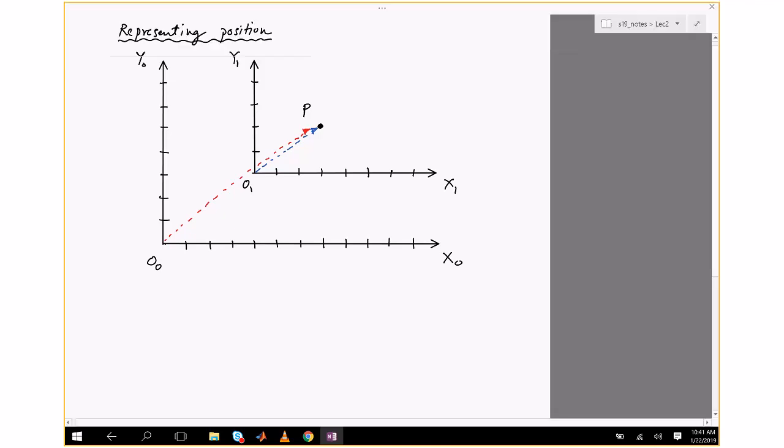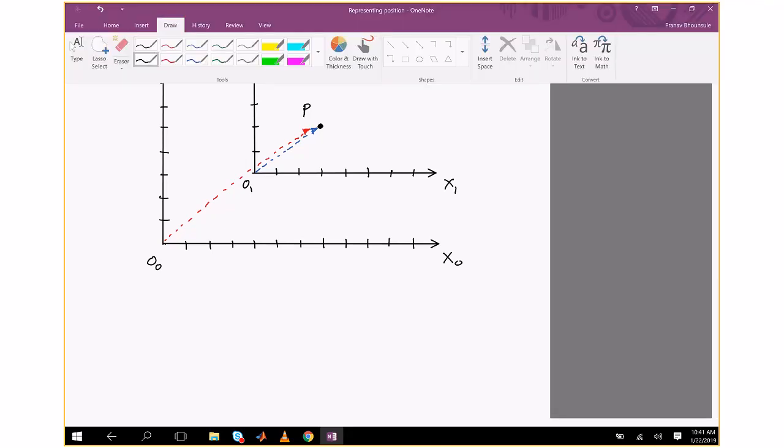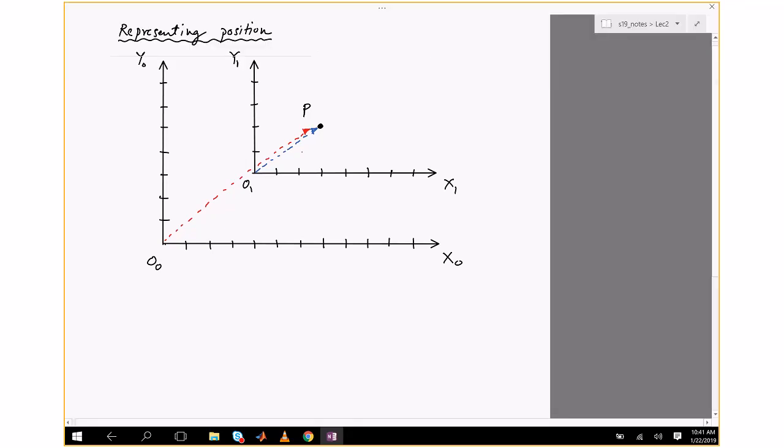So depending on how I represent it, I can have different notations. So let me call this P1 because I'm representing it using the frame O1. I can also write it as P0 to represent it with respect to frame 0.